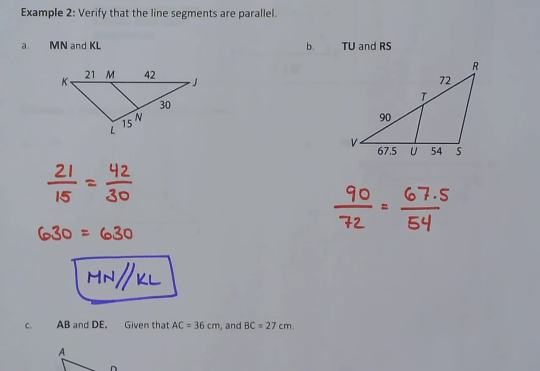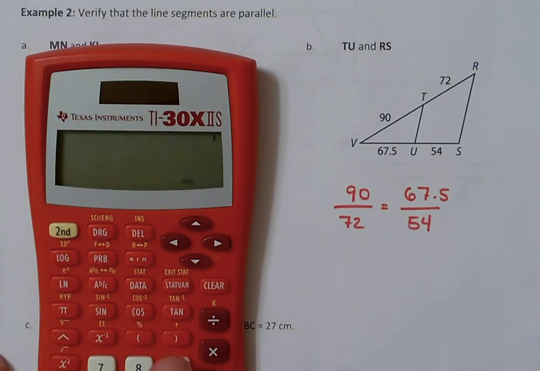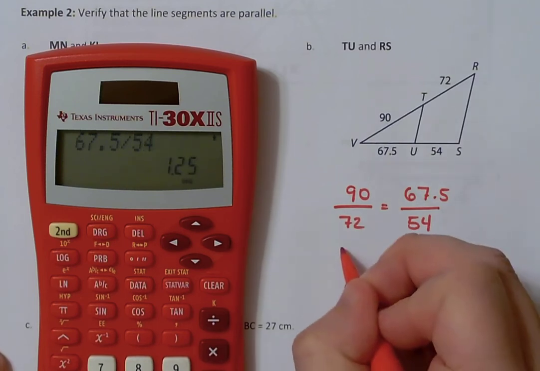A couple of ways you could do this. We can cross multiply like we did, or you could divide to see if you get the same number. 90 divided by 72 gives 1.25, and 67.5 divided by 54 gives 1.25.